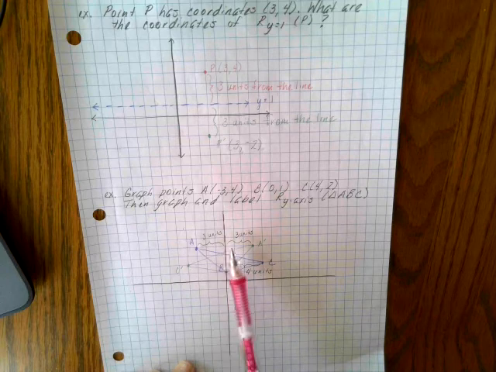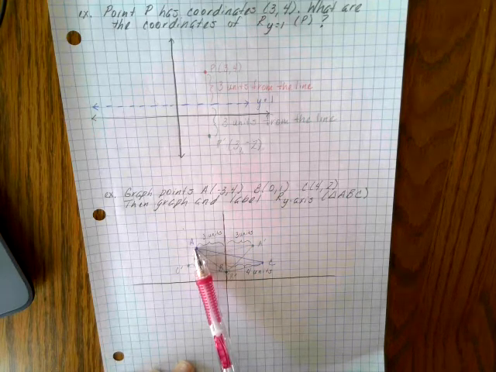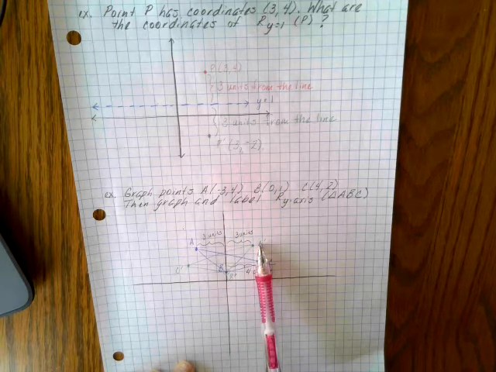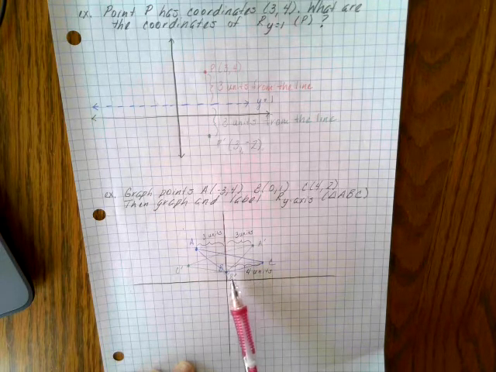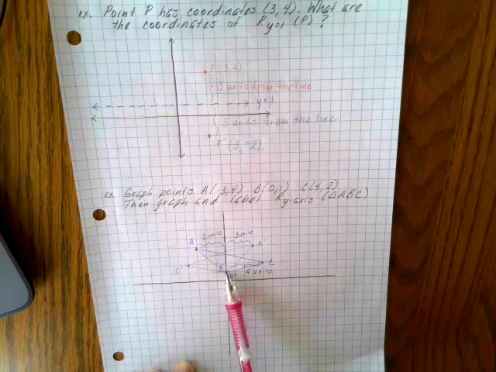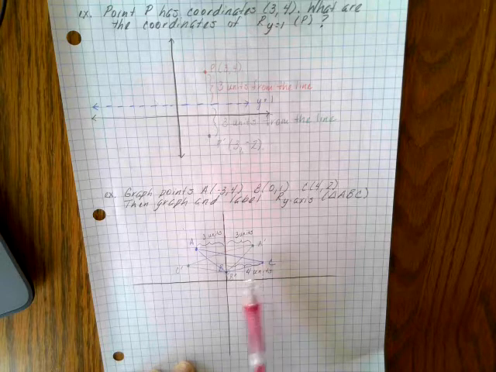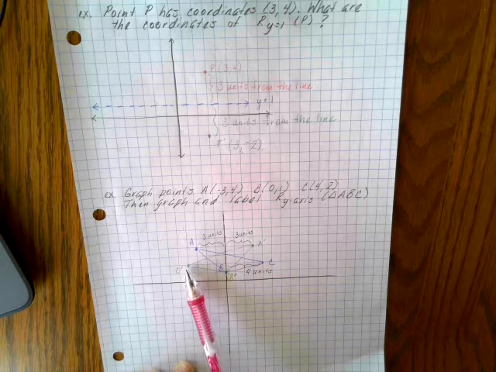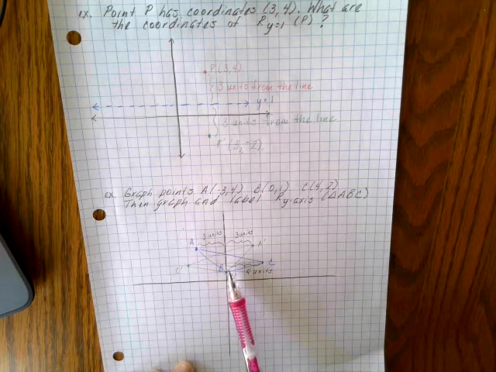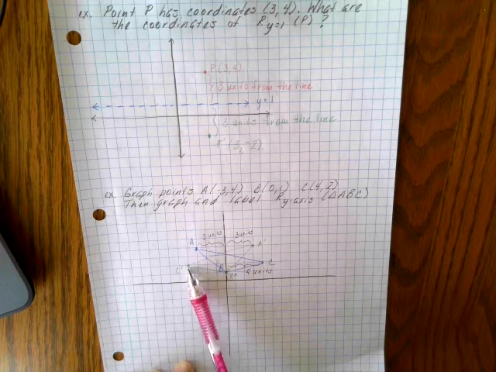If A is 3 units from the y-axis, then I go 3 units from the y-axis this way to get A prime. If B is on the y-axis, B does not move. If C is 4 units to the right of the y-axis, then C prime will be 4 units to the left of the y-axis, and this would give me A prime, B prime, C prime.